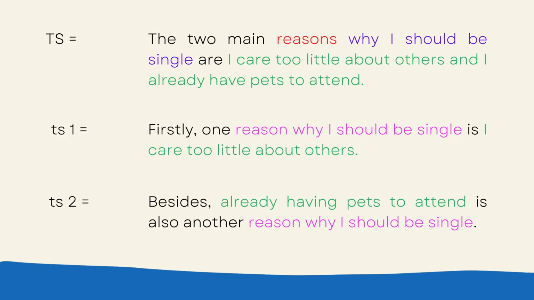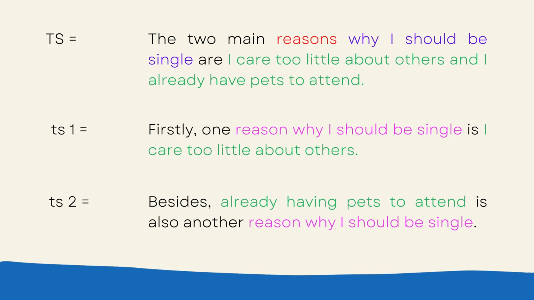Here's an example. For thesis statement, the two main reasons why I should be single are I care too little about others and I already have pets to attend. So for topic sentence number one, as you can see, the topic and the controlling idea for thesis statement are transformed as the topic for topic sentence.